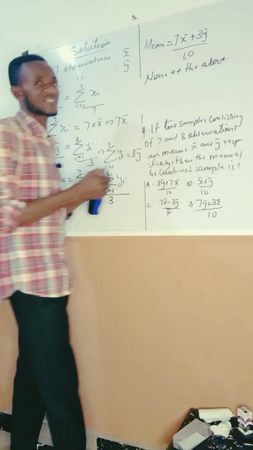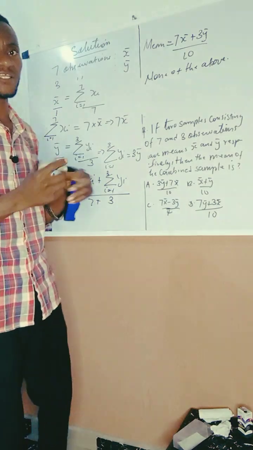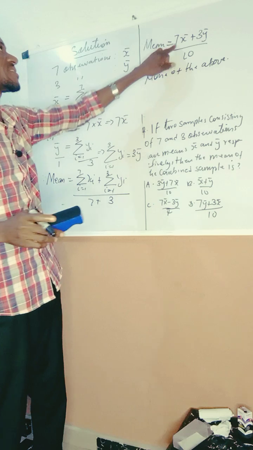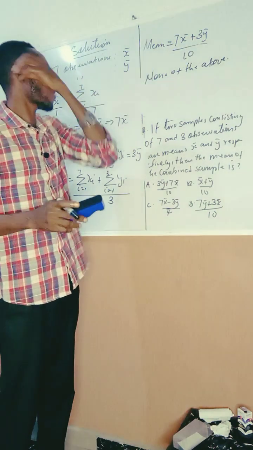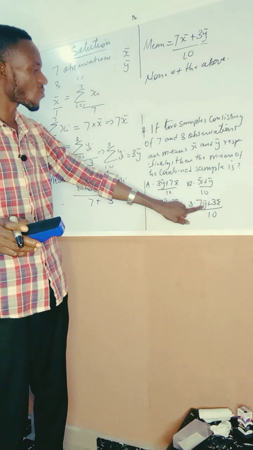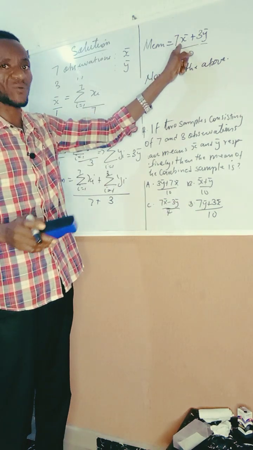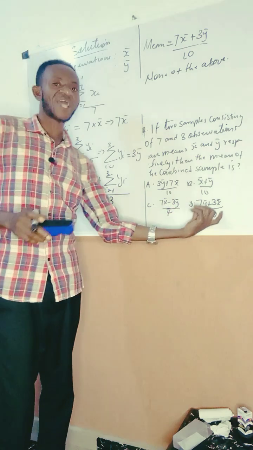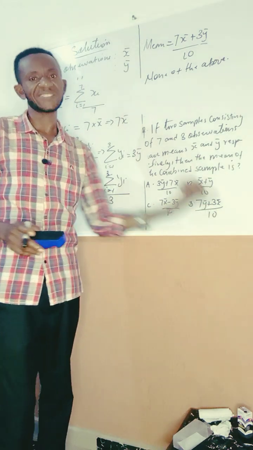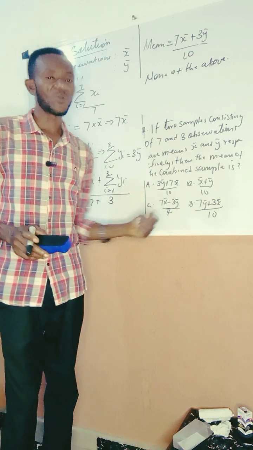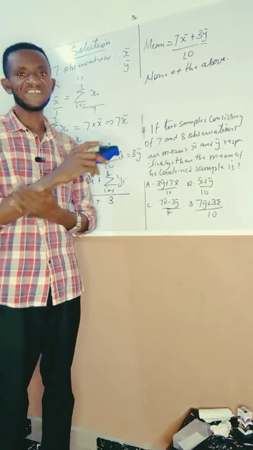The implication is that all the options they provided did not agree with the correct answer, because the correct answer is 7x bar plus 3y bar all over 10, as against what I have here, which is 7y bar, interchanging the variable, the quotient of x going over to y. So this is actually a distracting answer. It can distract students to easily go for this. Moreover, the correct answer is this.